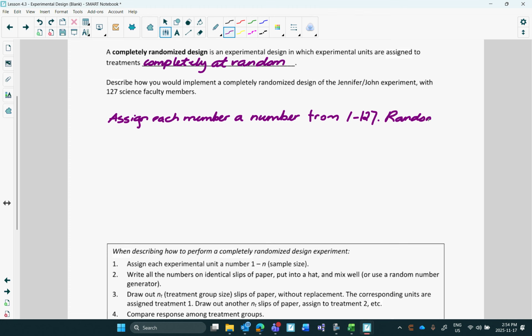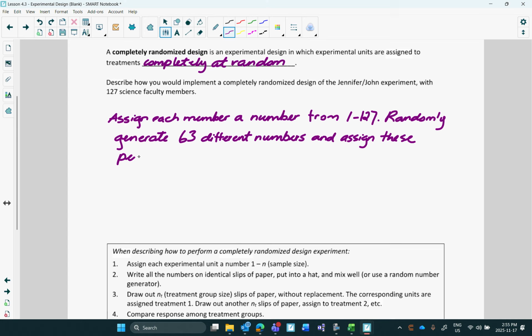Randomly generate 63 different numbers, and assign these people to the group.